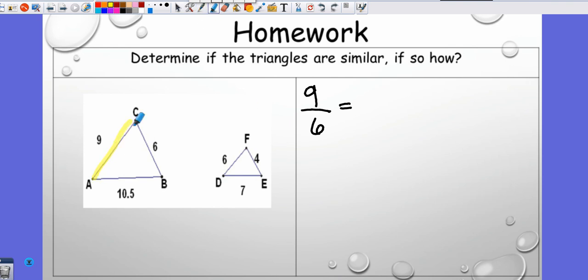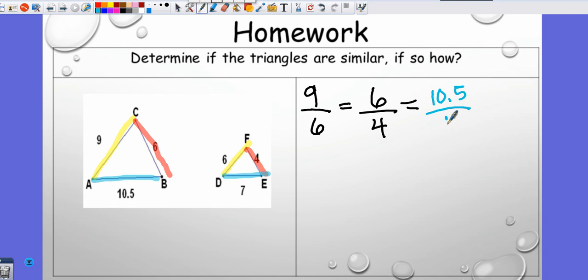Do what you have to do, babies, to get where you have to go, whatever it takes for you to get it. And then you get 6 over 4 equals this over this. And then we get 10.5 over 7.